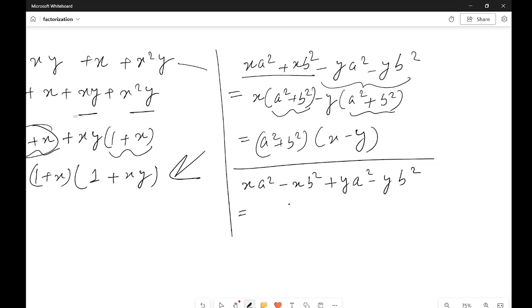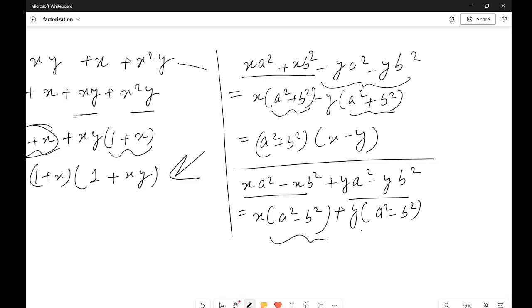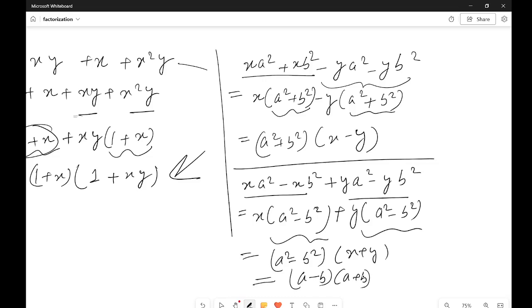Let's see, here x common, here y common, so I will take x here, a square minus b square, plus, here y common, I will take y, a square minus b square. Now a square minus b square is common in both, so I will take that as common, then x plus y. You remember earlier I told you the formula for a square minus b square. So now in this case I have to apply it, so it will be a minus b, a plus b, and then this x plus y.